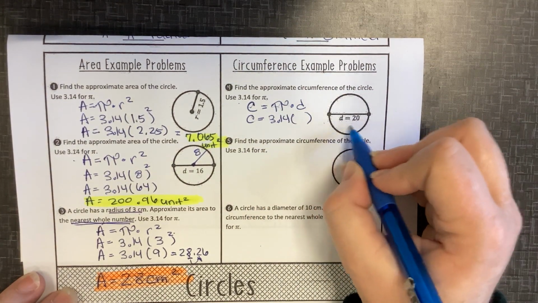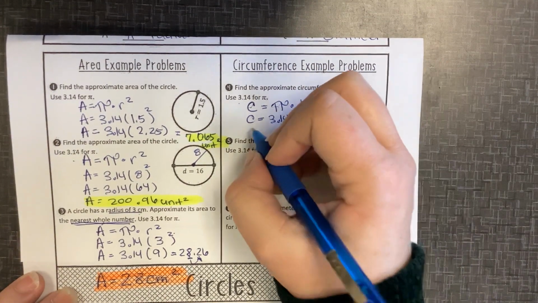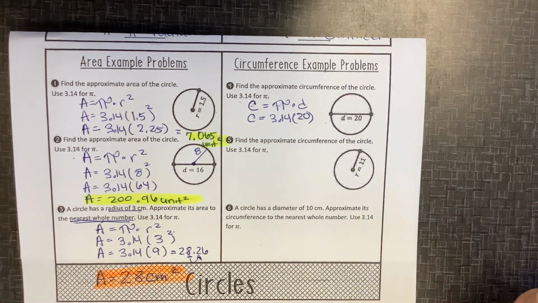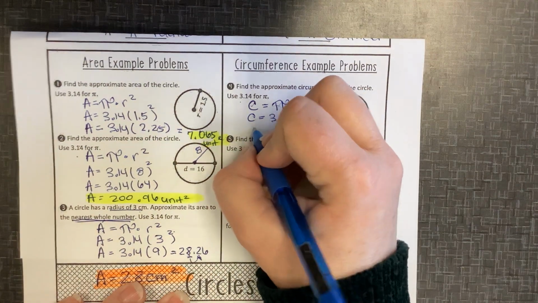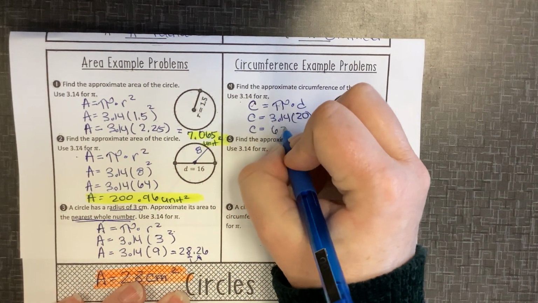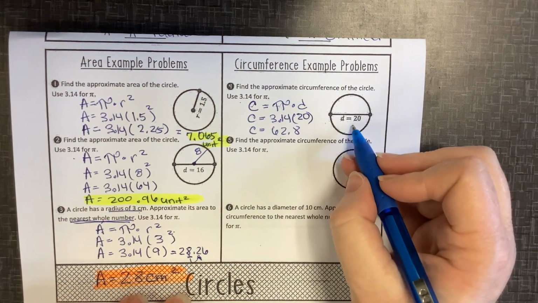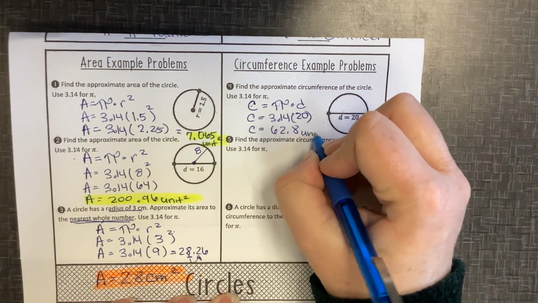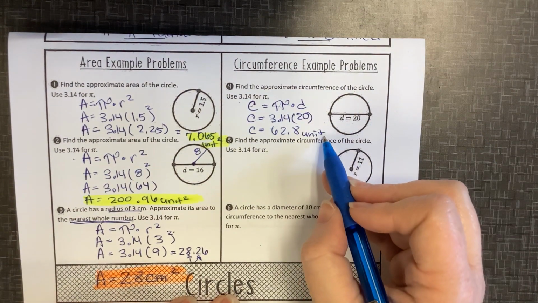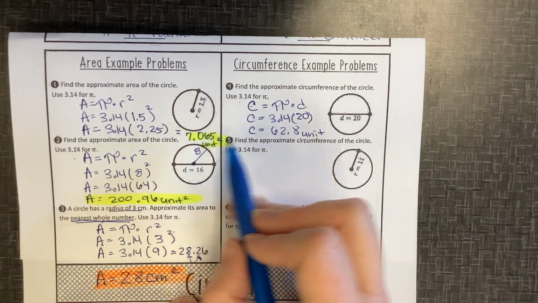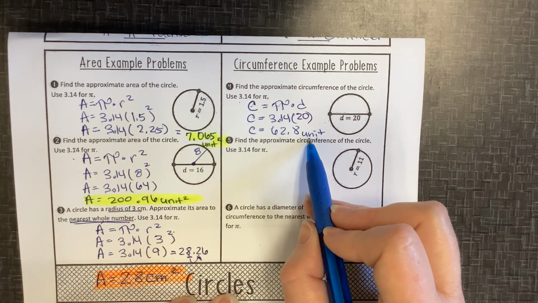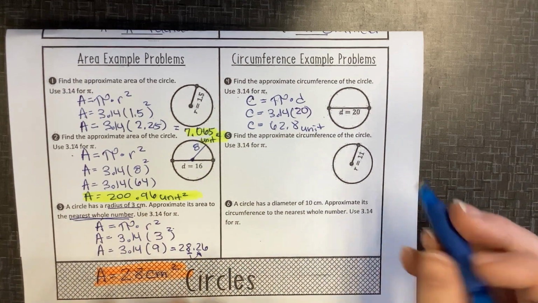Our diameter, they gave it to us, that is 20. 3.14 times 20. We get the circumference is 62 and 8/10. And again, it doesn't have any units, so I'm just going to put unit. Again, no square. Squaring is only for area. Circumference is a measure like your height, so we just put our units.